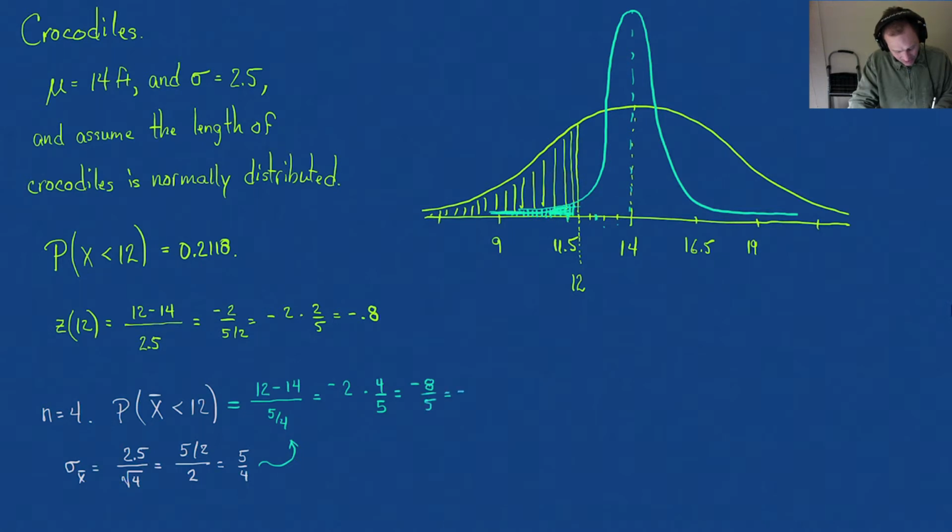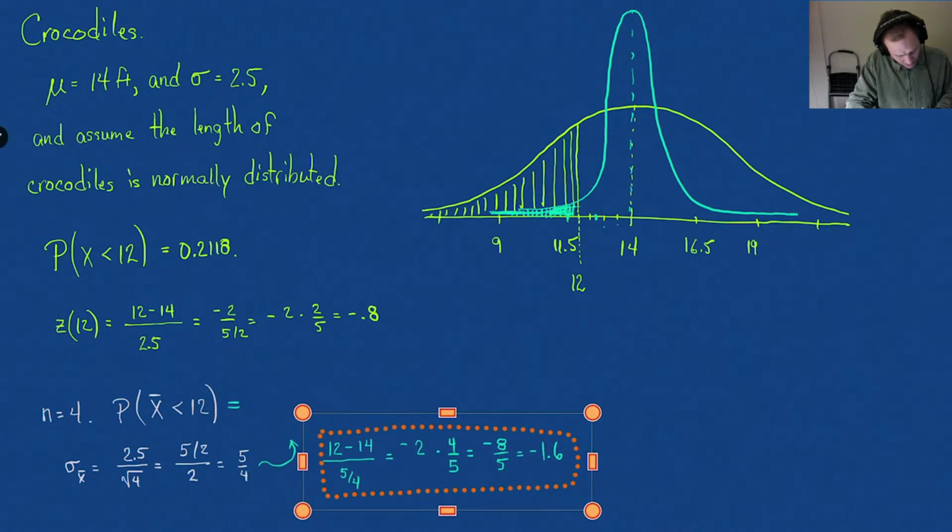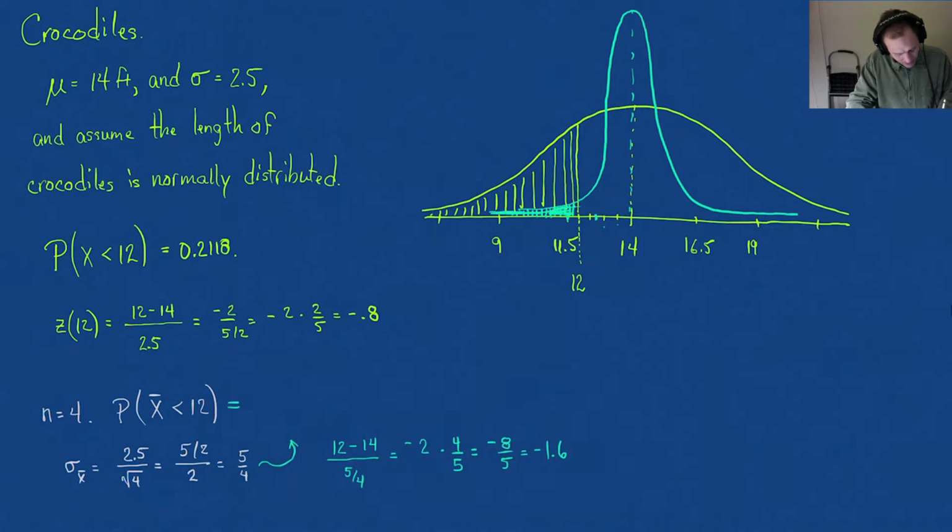I think that's -1.6. Well, if I look at that up on my table, oh, I made an error. I shouldn't have written the probability equals that, because it doesn't. That's just the z-score right there. So we're just going to move that down. There's my z-score calculation.